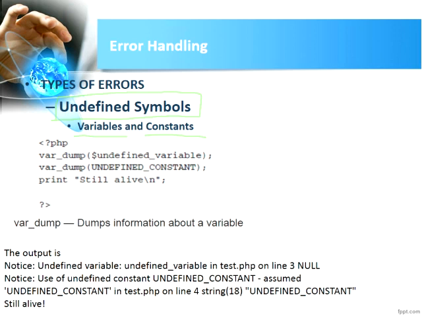So this is our code. var_dump shows information about a variable. In the first instruction here, we will use an undefined variable. And in the second instruction, we will use an undefined constant. Okay?